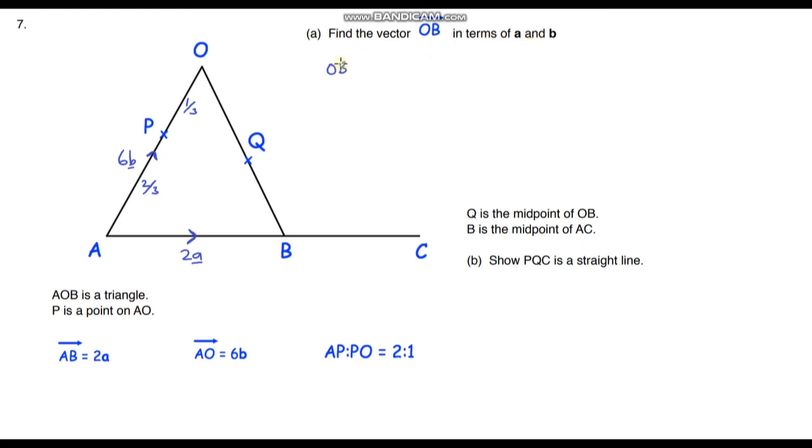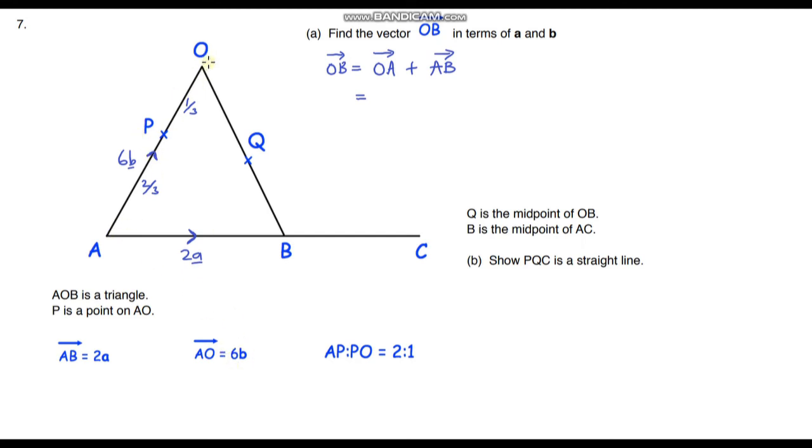So the vector OB. Well, we don't know anything about this journey, but we do know something about this journey. So we're going to go from O to A, so OA, and then we're going to add on this vector, AB. So let's do both of those. Vector OA, well, we know AO is 6B.